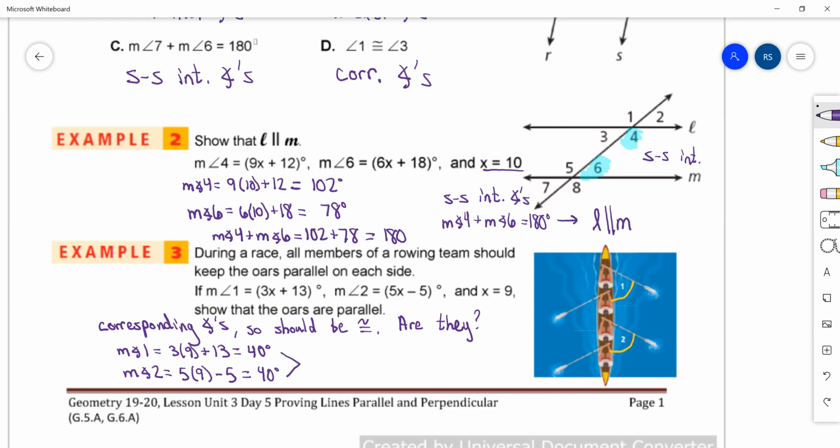So these are congruent. Therefore, these 3 dots mean therefore. Therefore, the oars are parallel.